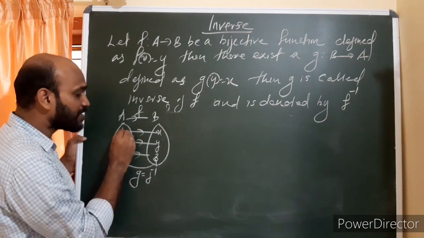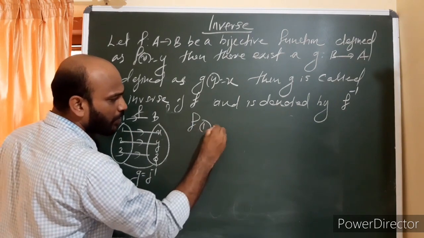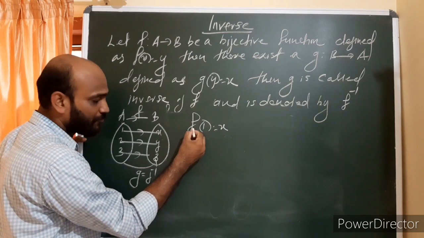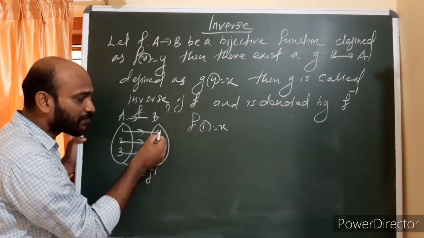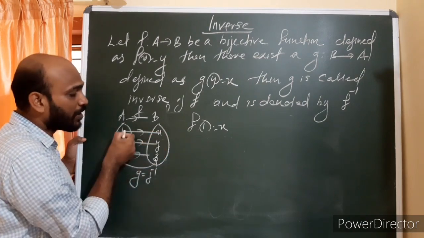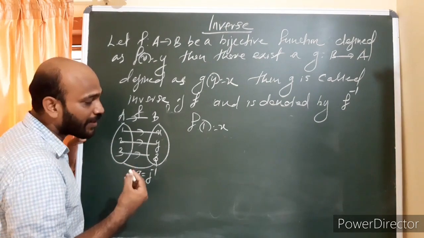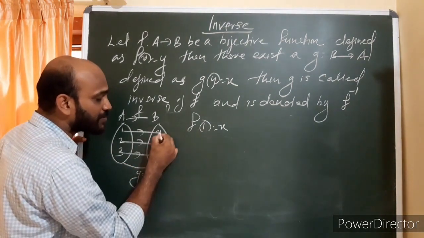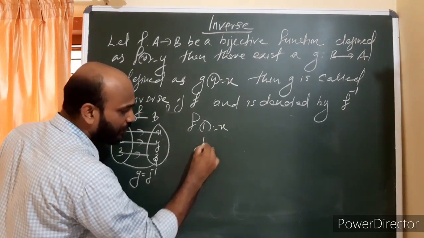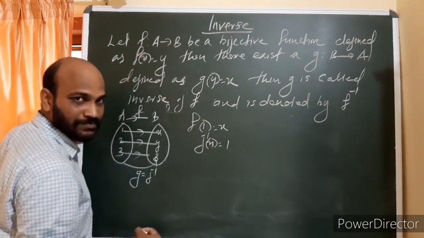Okay. Now what is the image of 1? That is x. So f of 1 equal to x means image of 1 equal to x under the function f. Now we are defining a function from B to A. Image of x equal to 1 under the function g or f inverse. So f inverse of x equal to 1.